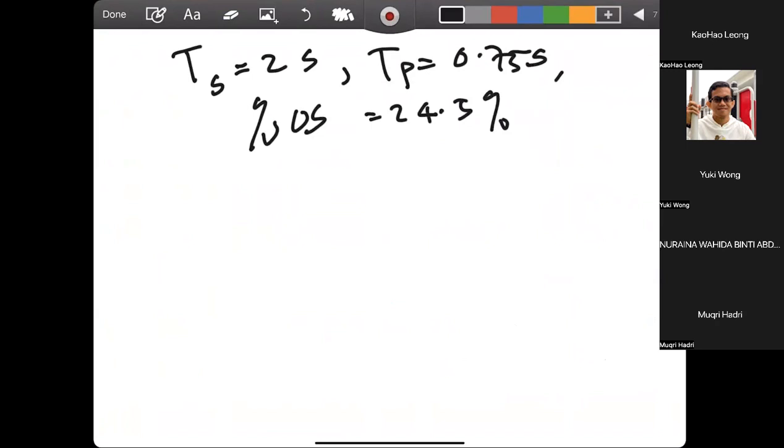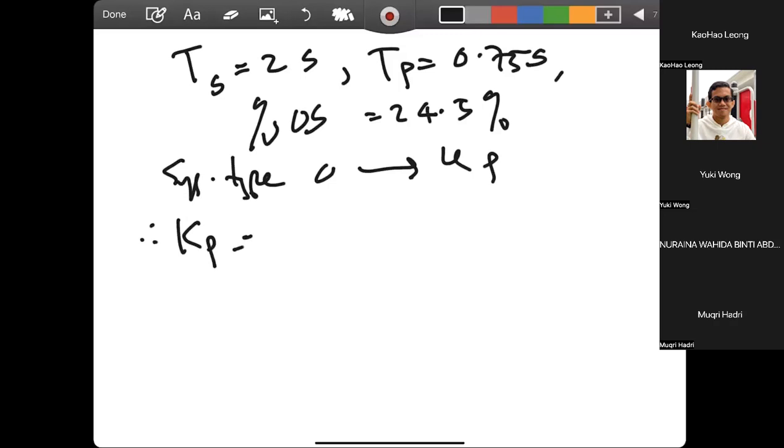Okay, so system type 0, so we use KP. KP is limit s to 0 of KG(s).